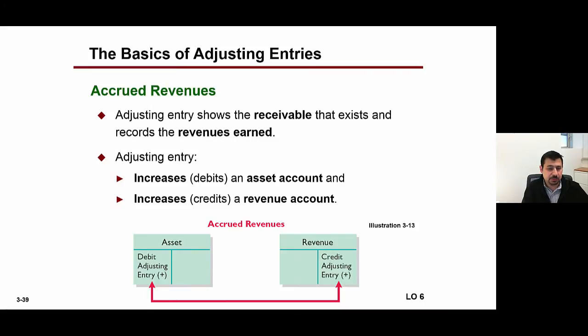We increase the asset by debiting it, and we recognize the revenue and increase it by crediting the revenue account. Here too, revenues were understated because we hadn't recognized this revenue until the adjusting entry. As a result, the net income also was understated before the adjusting entry.